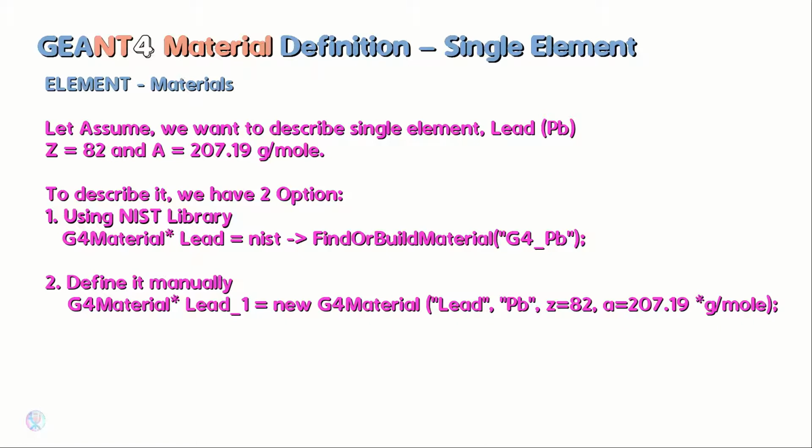First is using the NIST library, and the second one is defining it manually. If you compare the NIST library with defining it manually, it is much simpler, right? You just need to type G4Material, and then the name of the material. You can write whatever you want, maybe lead 1, lead 2, or LD or something like that. It's up to you. And then equal to the NIST.